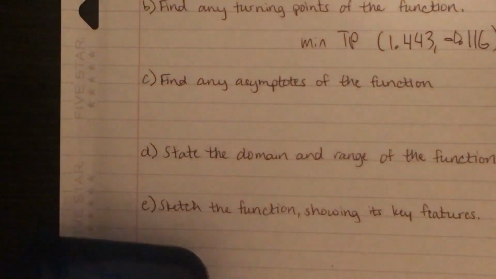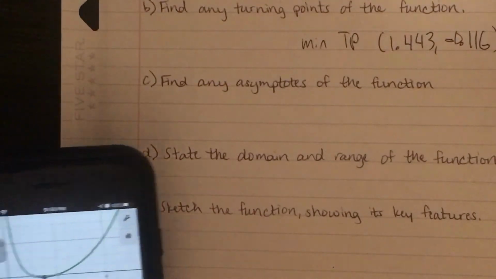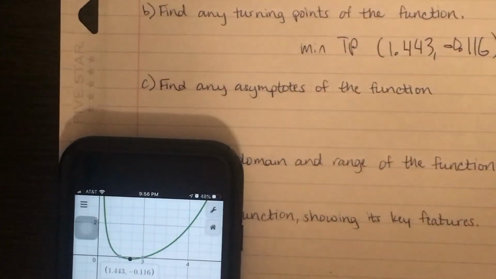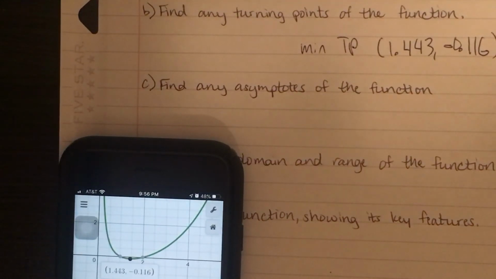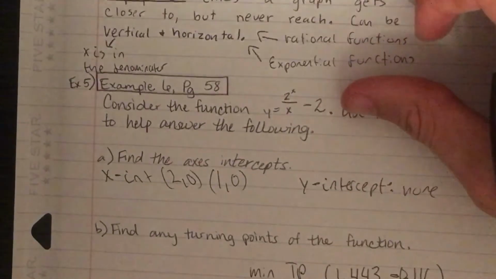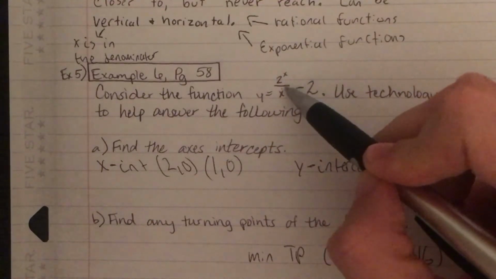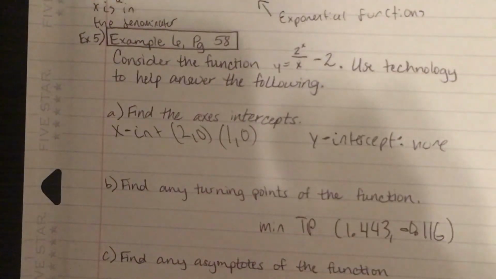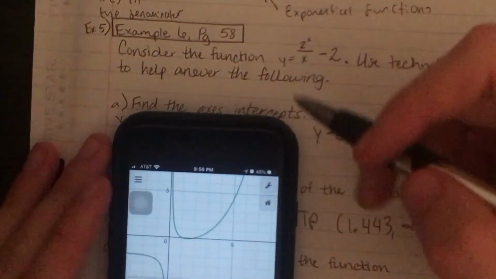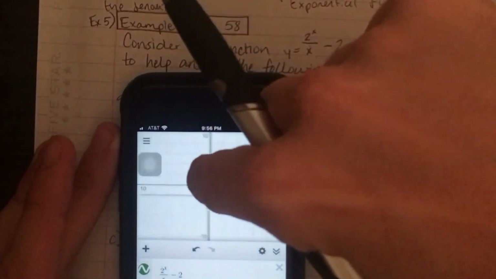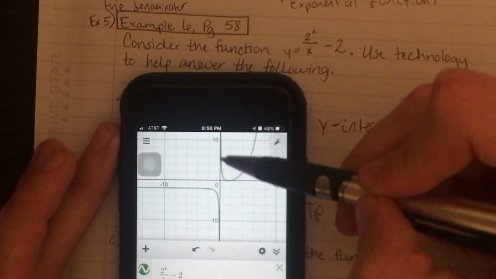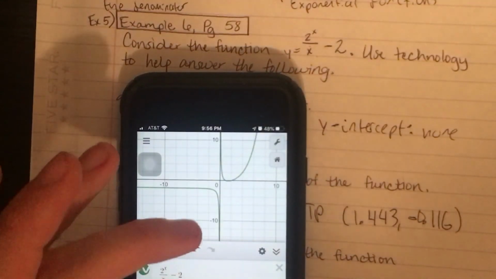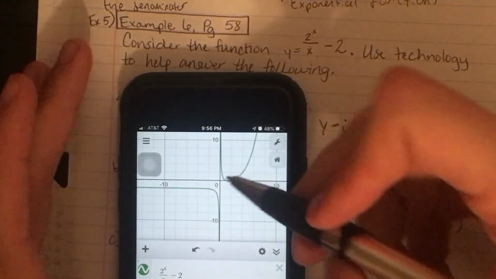So then the last couple things that we're going to do are find any asymptotes of this function. Looking at the original function, 2 to the x divided by x, the vertical asymptotes occur wherever the graph is getting closer and closer vertically to a line where it doesn't look like it's going to cross.